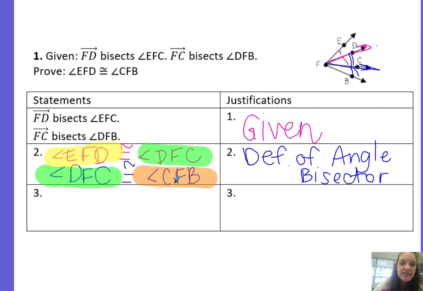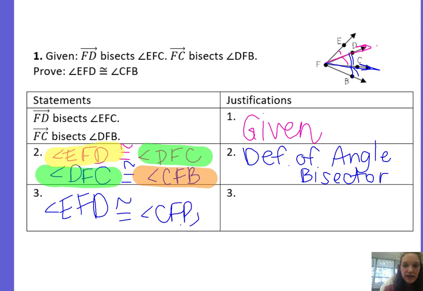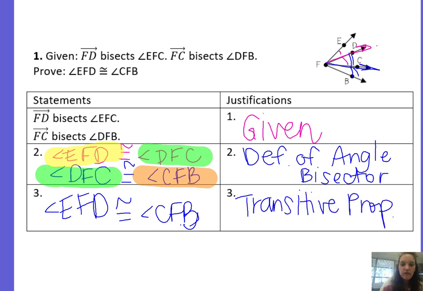I'm going to use the transitive property. The angle EFD and angle CFB are both congruent to angle DFC, and so I can sandwich them together and say angle EFD is congruent to angle CFB by the transitive property. Voila!